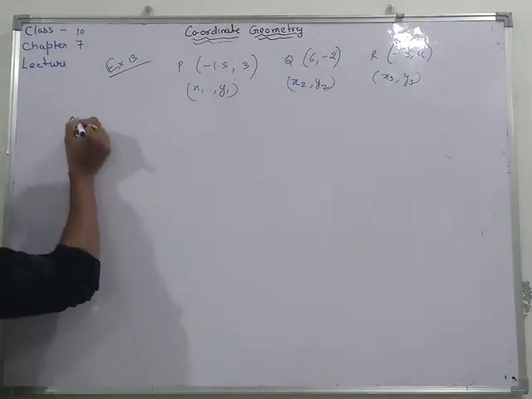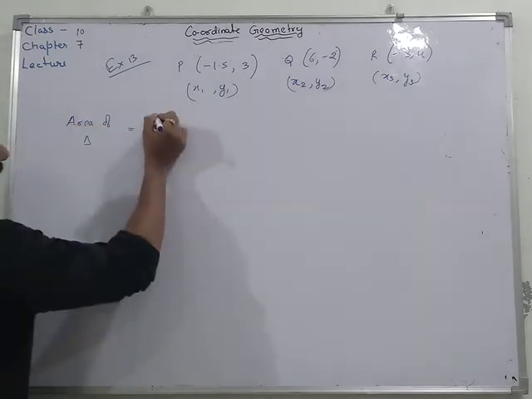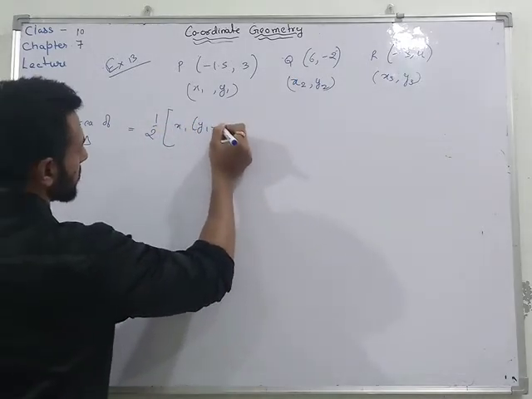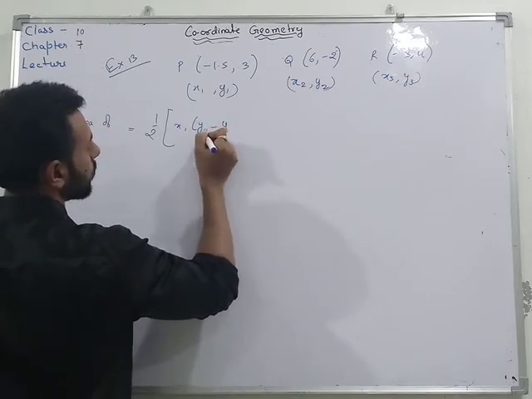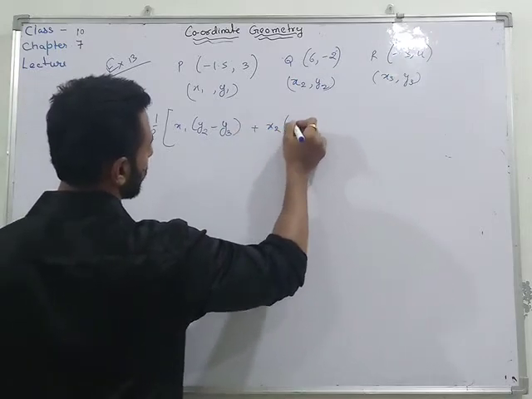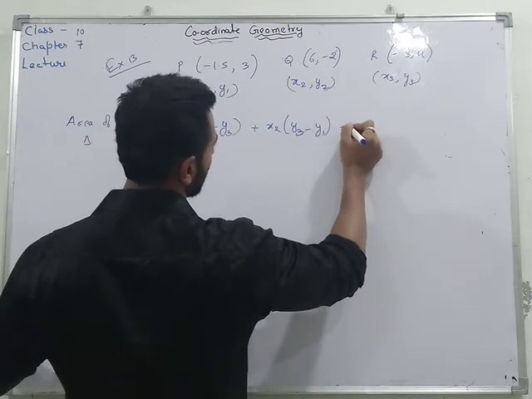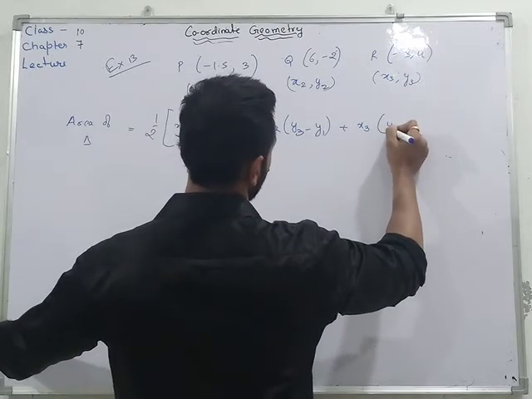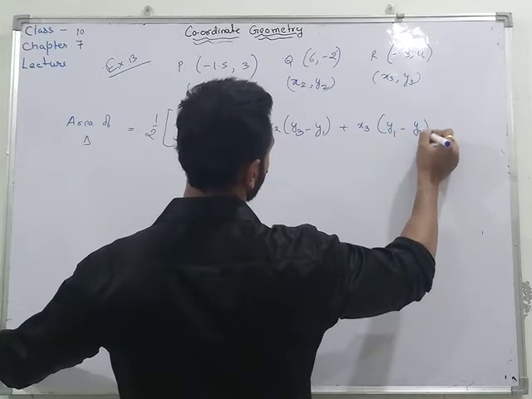Writing the formula for the area of a triangle. Area of triangle is half x1 into y2 minus y3 plus x2 into y3 minus y1 plus x3 into y1 minus y2.